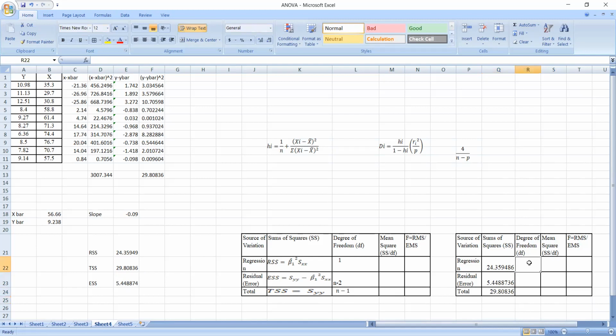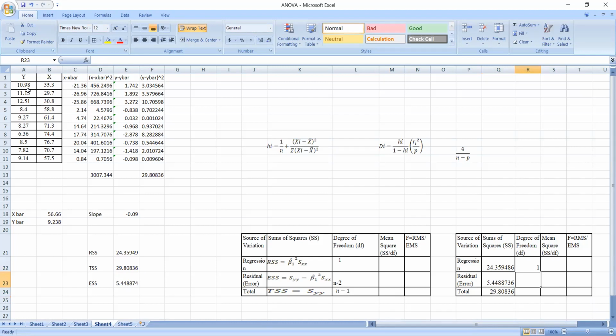So we can complete the Anova table by putting in these sum of squares values, and then we can insert the respective degrees of freedom values as well. For regression, since we have only one independent variable, the degrees of freedom should be equal to 1. For residuals, the degrees of freedom should be n minus 2.